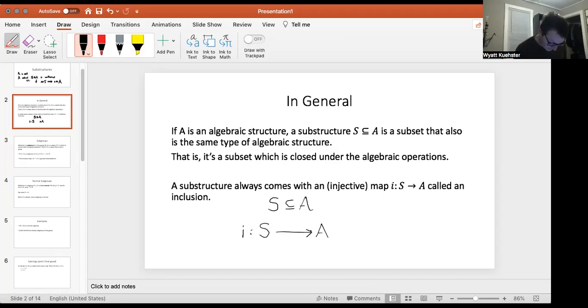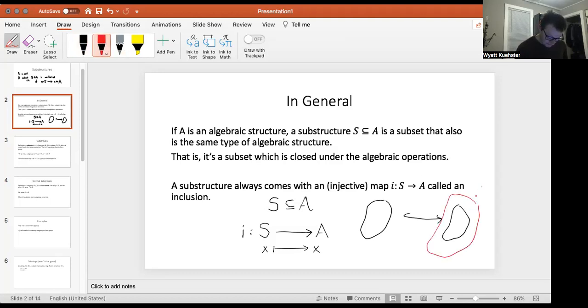I'll try to just write a regular arrow. So we get a function I from S to A that's invisible. It takes an x, some element of S, and it maps it to the same element, because if x is in S, then x is also in A. So if here's S, then it includes it into the larger set A. There's A, there's S. So if we have two sets, we always get a function that includes a subset into a bigger set.